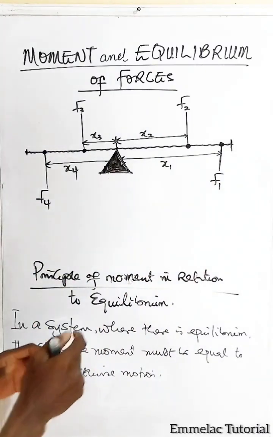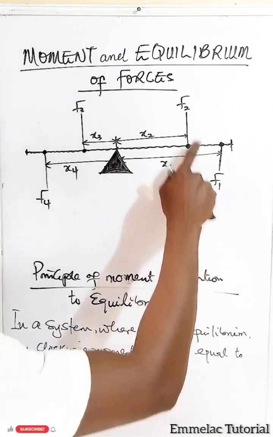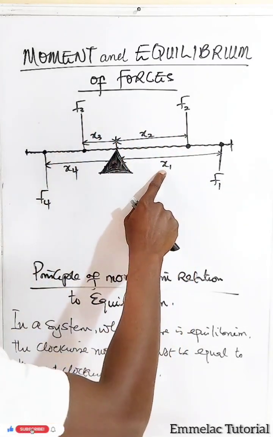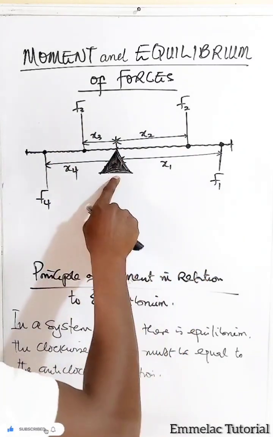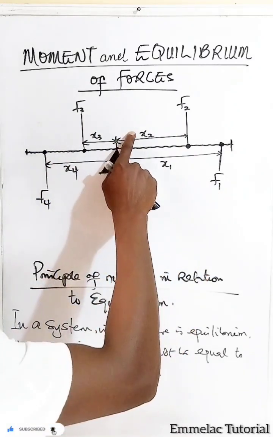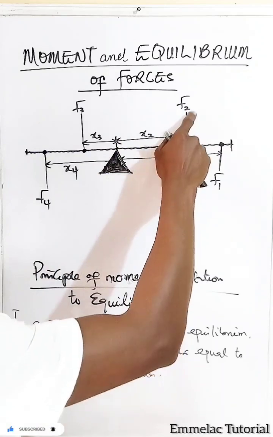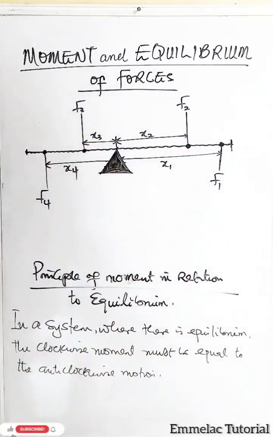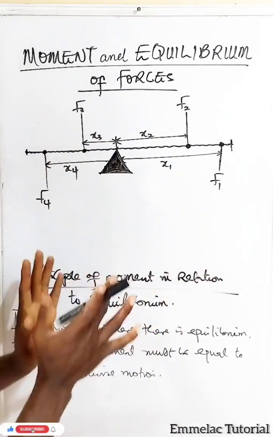Now looking at these four forces, this F1, F2, F3, F4. Now x1 is the distance of F1 from the pivot. X2 is the distance of F2 from the pivot. Same thing as x3 and x4. Okay, now, so how do we tend to balance the system?